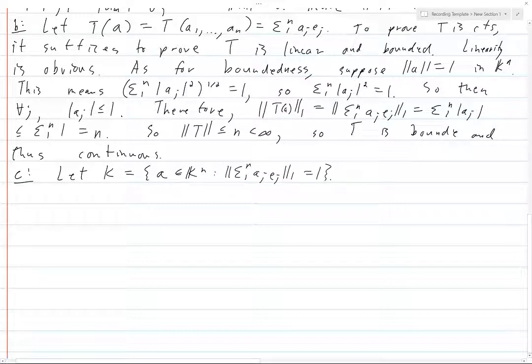And of course, A is the vector A1 through An. So then, what is TK? TK is all those elements x in X such that the norm of x is 1, right?